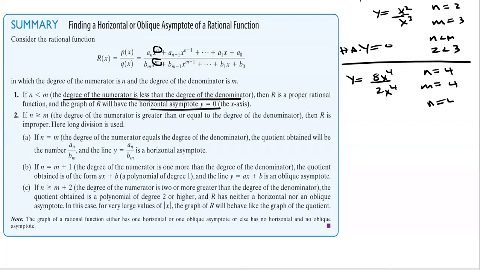So n is equal to m. So 4 is equal to 4. So when we have that, we can just simplify by canceling out the x to the fourths. And then we have 8 divided by 2, which is equal to 4. Okay, so that means then we have a horizontal asymptote at y is equal to 4.